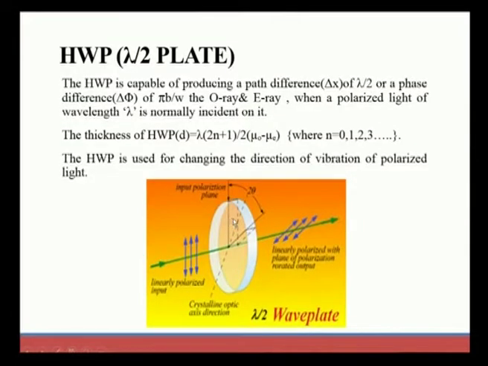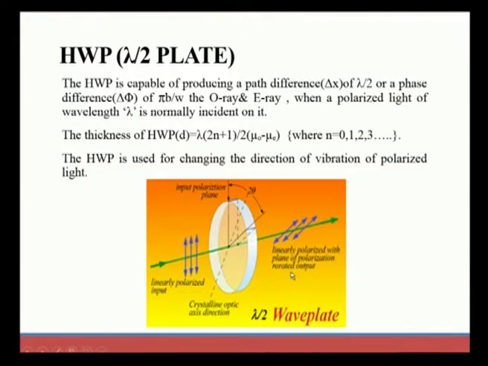With the help of a half wave plate we can change the plane of vibration of polarized light. From the picture we can see the input polarization plane and the crystalline optic axis direction. The linearly polarized light has a plane of vibration like this, and after it is passed through the lambda by 2 wave plate, we observe linearly polarized light with a rotated plane of polarization.